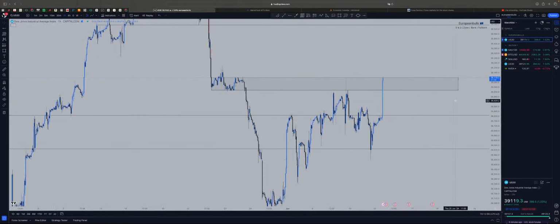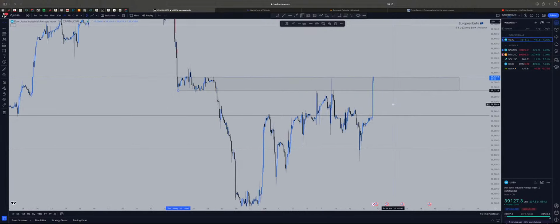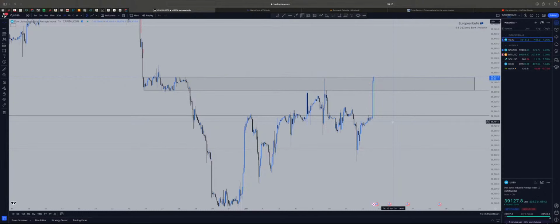All right, so we will place some kind of support here, but the support is going to be very limited because we have a huge imbalance here, so it needs to cover it up. But you cannot expect every time for the price to come down to take the imbalance and go back up, because that's not how it is.